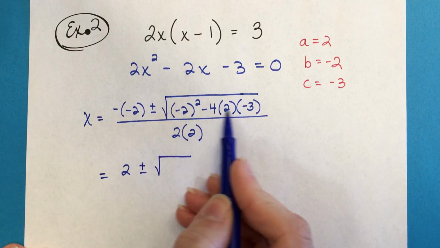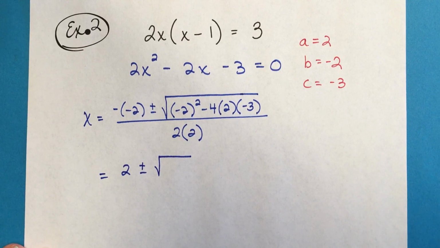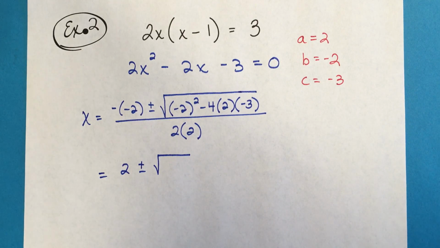Now again, underneath your radical, use your calculator to help you out with that part. 28 is what we're going to end up with there.